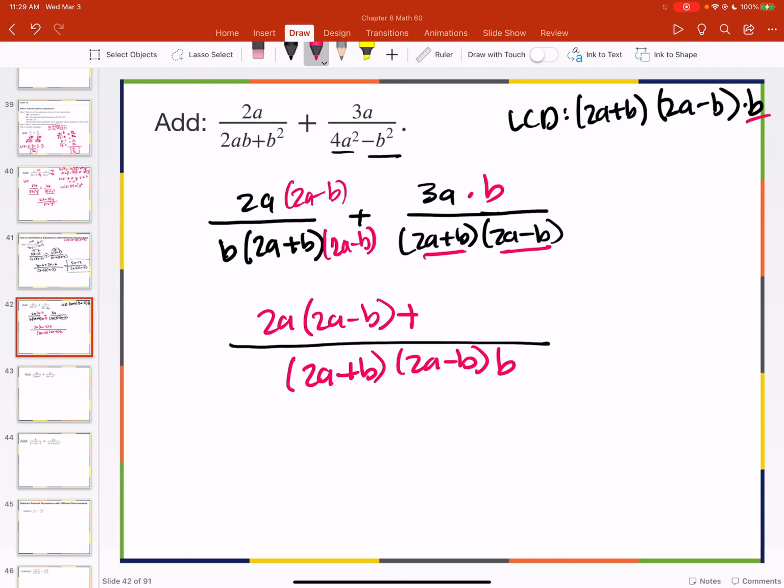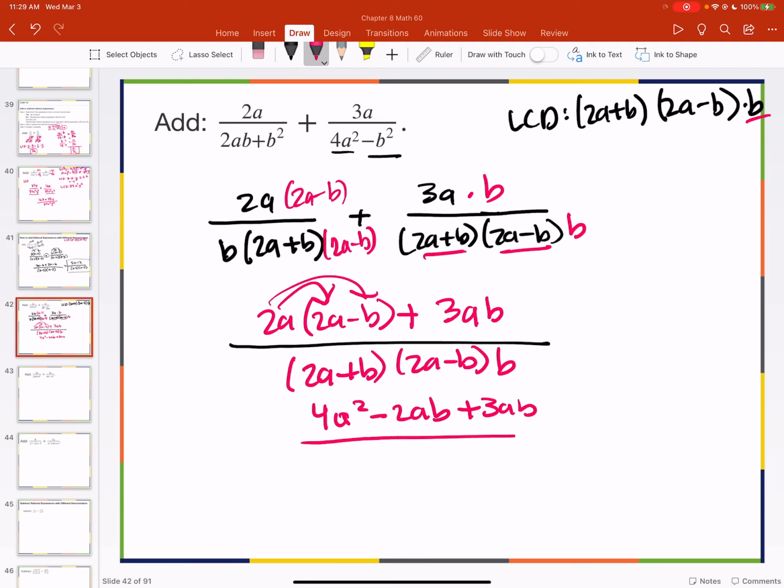So multiply top and bottom by b, and you get 3ab. So let's distribute the first one. We get 4a squared minus 2ab plus 3ab all over 2a plus b, 2a minus b times b.